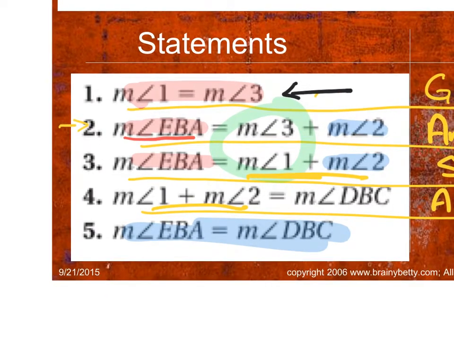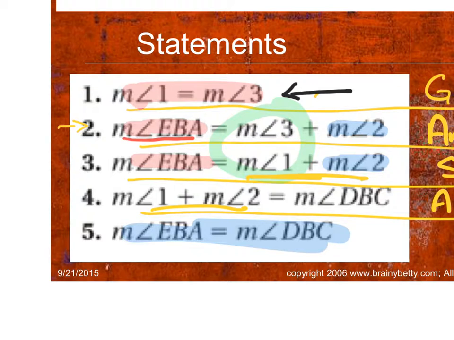What stayed the same between line 4 and line 5? DBC is still there. That didn't change. But angle 1 plus angle 2 became EBA. On statement 3, you already know that they're equal to each other, so you can just substitute it.